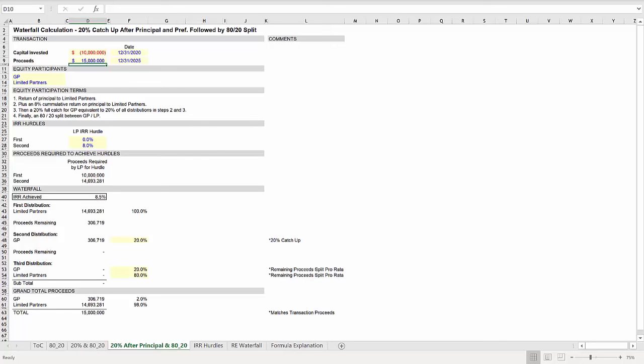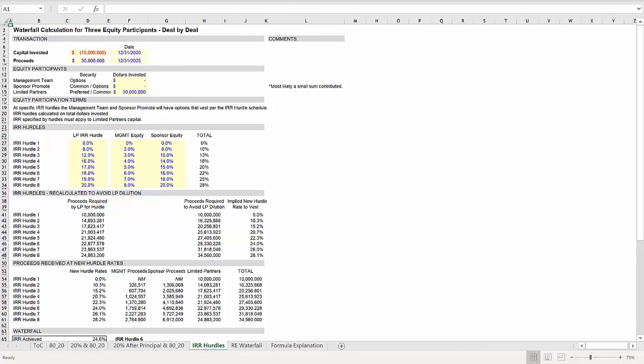This kind of flexibility allows you to play with a lot of different scenarios. If you input proceeds of $12 million, for example, we don't have sufficient proceeds for the catch-up at all. Running through these kinds of iterations can also help you check your work, which can be very valuable as waterfall schedules get more complex.